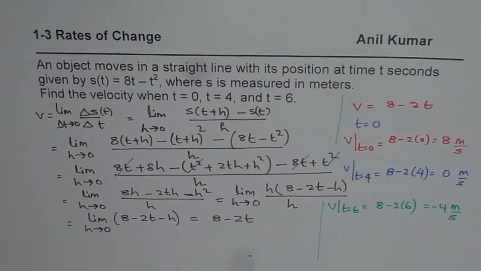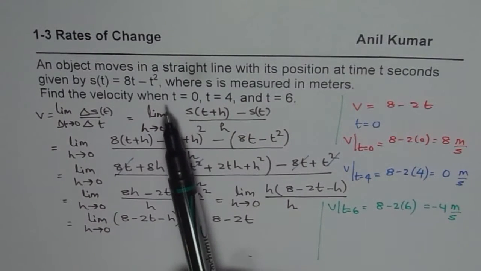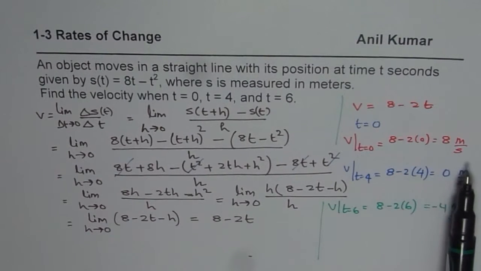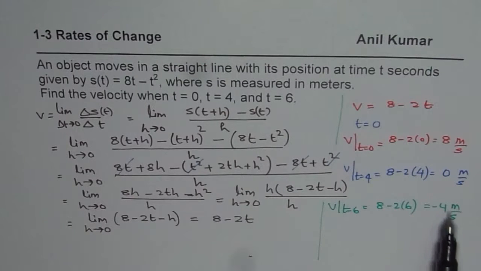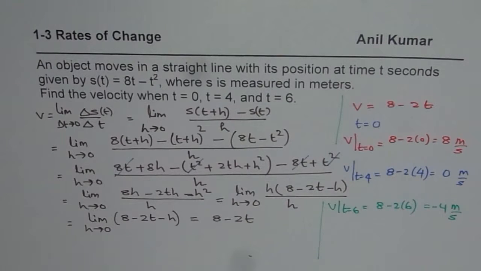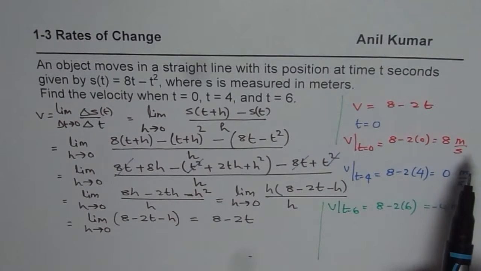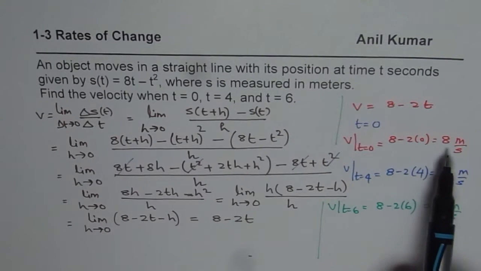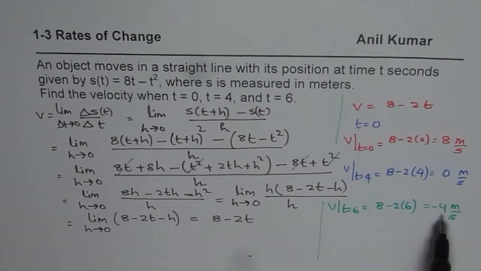These are the three answers for t = 0, 4, and 6: the velocities are 8, 0, and −4. It is interesting to note that the velocity is changing: it is 8 initially, and then it becomes 0 and −4.